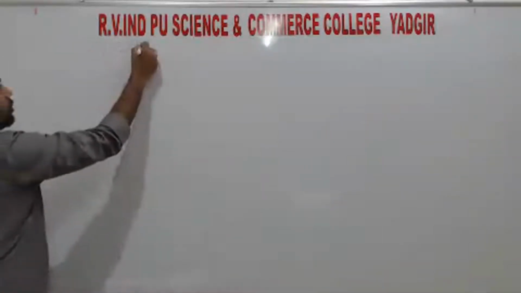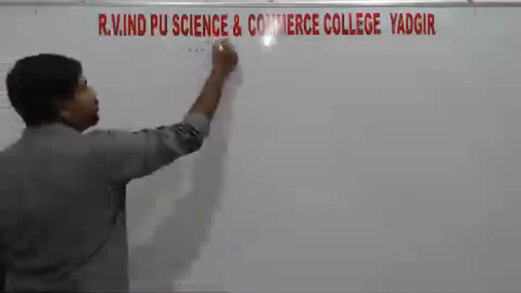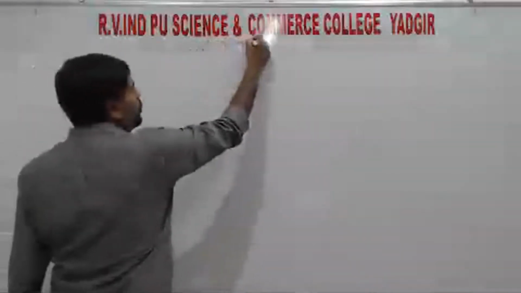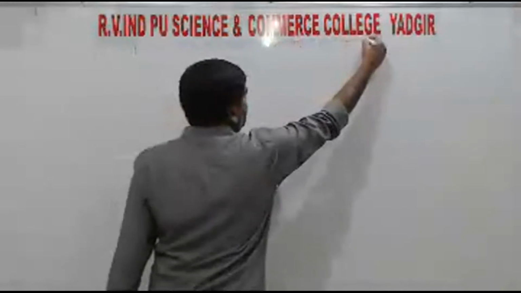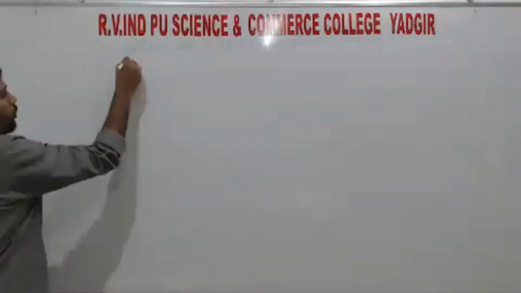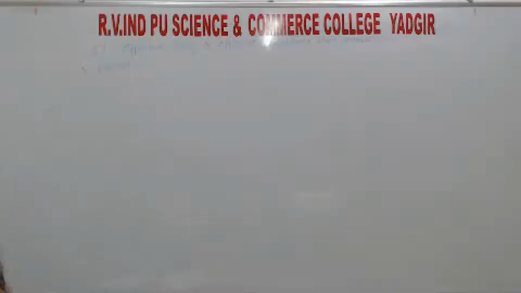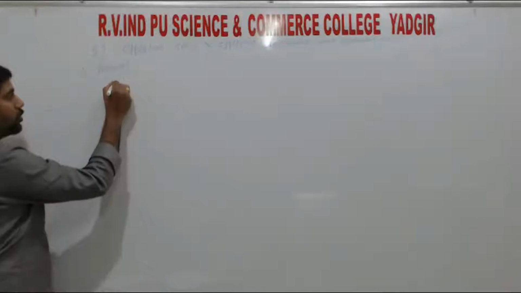So question number 5, effective EMF and effective resistance when connected in parallel, right? So consider two cells.